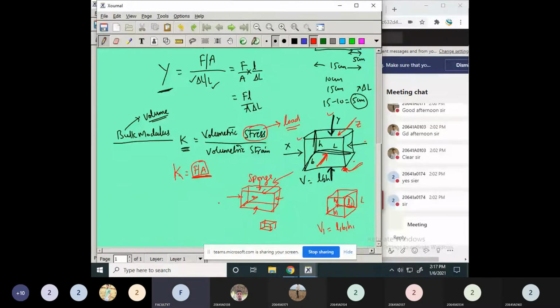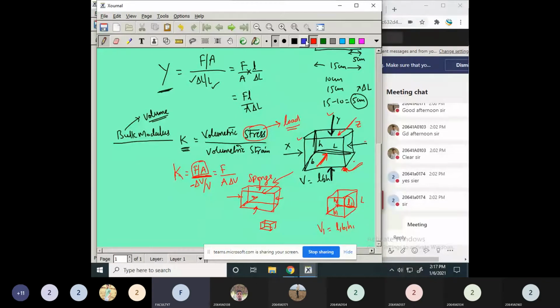Now let us write like this. This is the stress here. Now the strain is minus delta V by the original volume, where the minus sign represents that you are getting compression. So you can write the same value as F by A into delta V, and there should be a minus sign here.